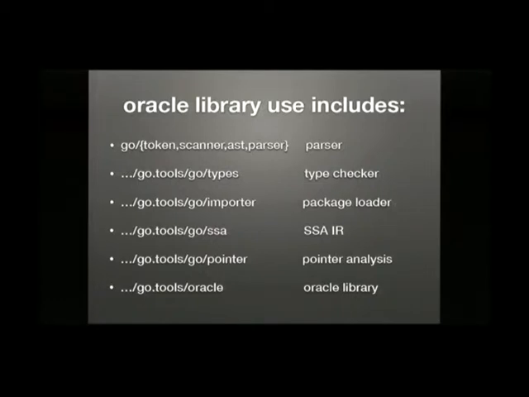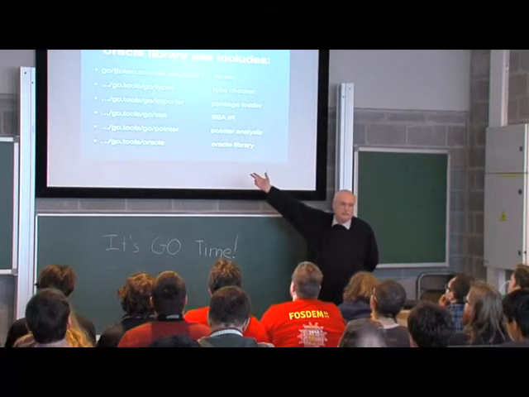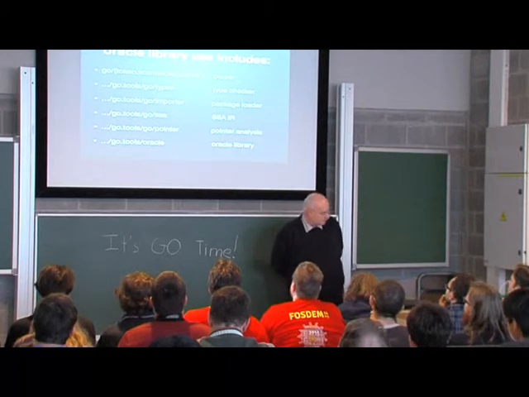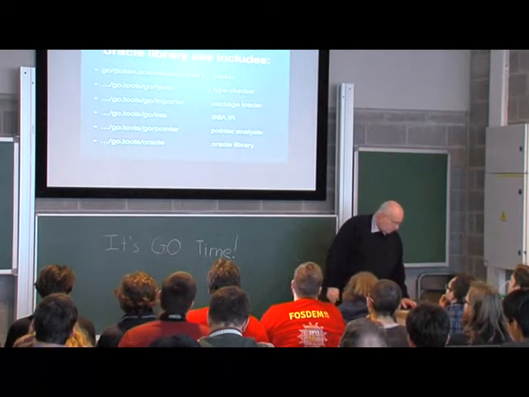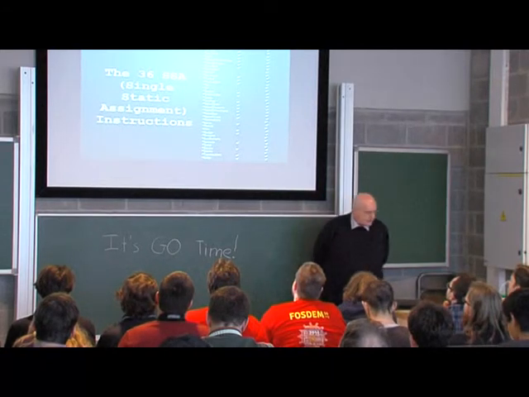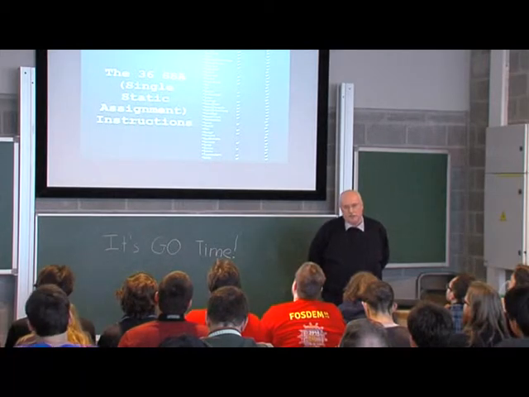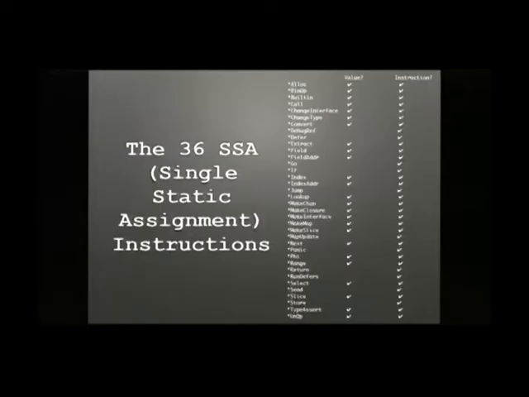Most interestingly for me is the SSA intermediate representation. What the SSA intermediate representation does is it models your entire Go program inside 36 instructions.